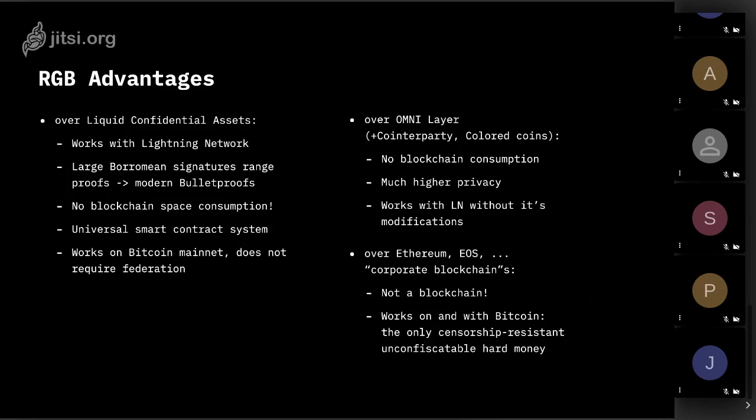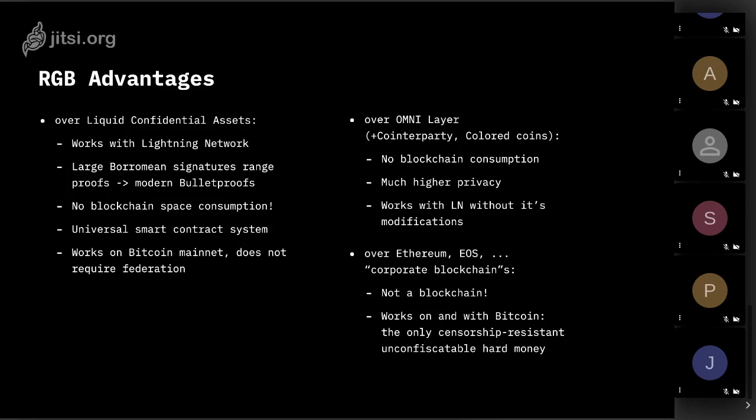It has a universal smart contract language, again developed by Blockstream, and most parts of RGB were actually originally created as a part of Liquid technology or Blockstream technology, but it's all open source, so we tried to take the best from what was existing. And it works on Bitcoin mainnet, doesn't require federation, which is another important property.